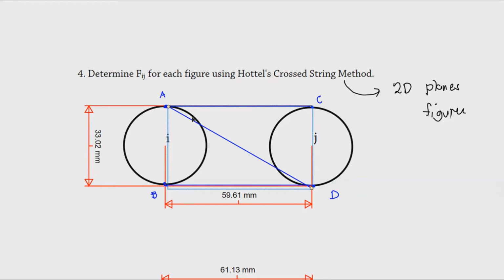If I draw a diagonal that passes through these two circles, I would have to stop somewhere here so that the string won't pass through the figure. If you imagine a string starting from this point, I would have to trace this curve first so that I can proceed with this one, and then trace this curve again.